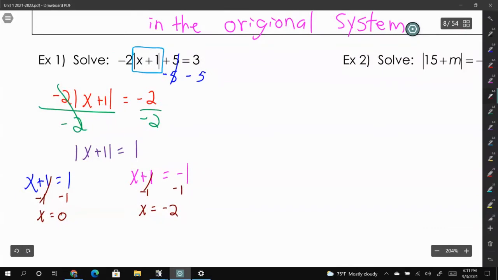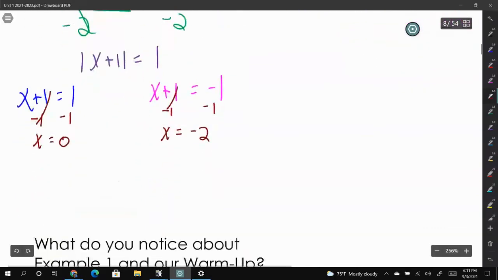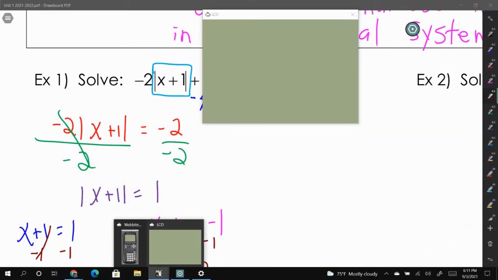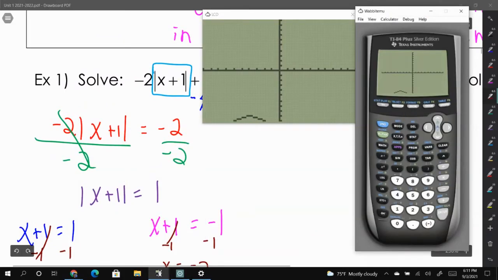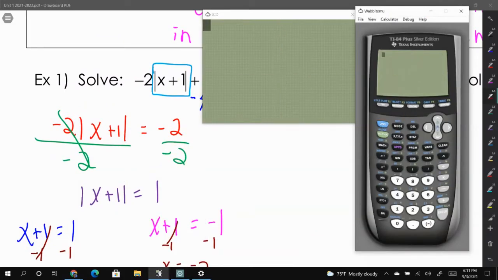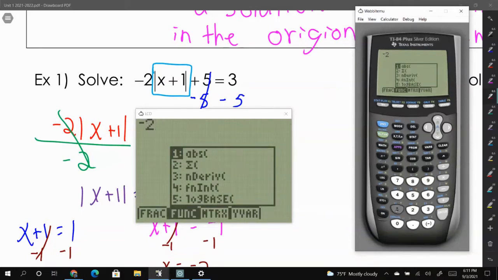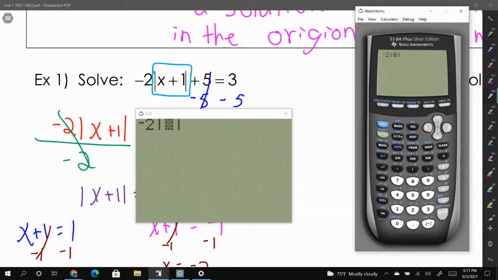And I'm going to get my calculator out since I'm running out of space here to check this solution. So check both my solutions. -2, and then absolute value of x, which we said one of the solutions was 0, plus 1, and then plus 5, and we should get 3.